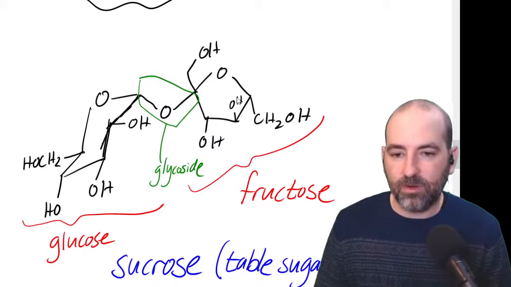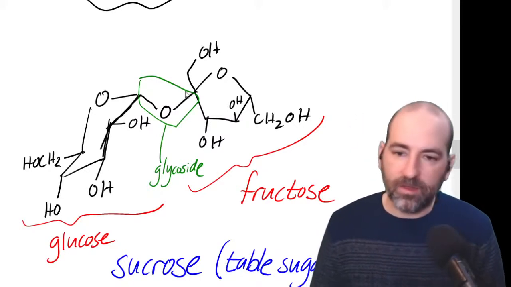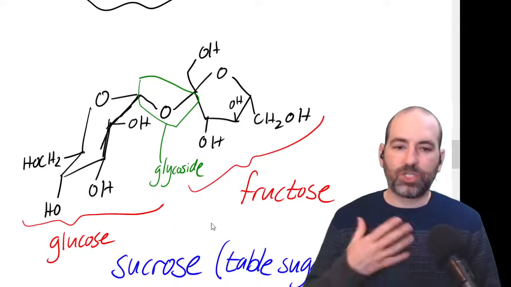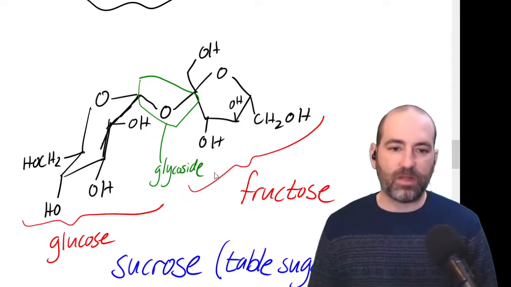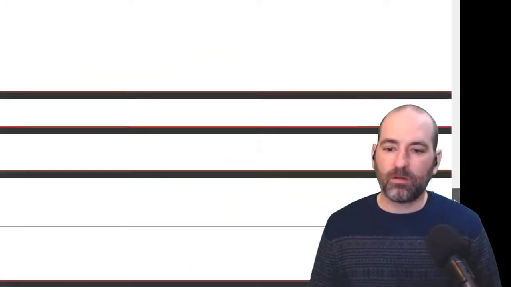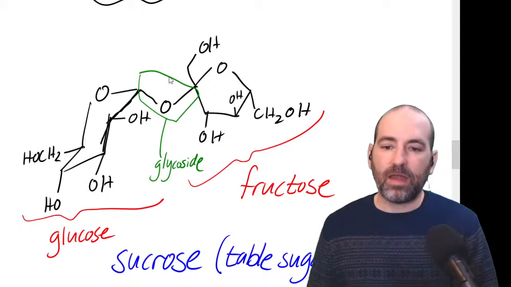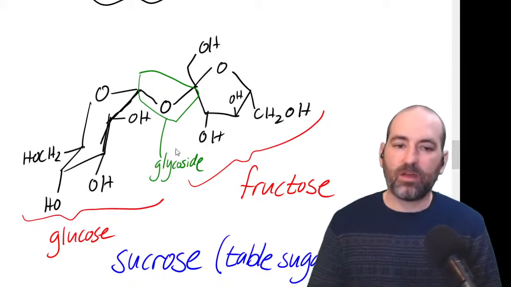So you've got the 5-membered ring here for fructose, and you've got the 6-membered ring of glucose here, and they're connected through that same glycoside bond. So when we talk about just sugar, the white stuff that's in your pantry, that is this right here, sucrose. And as we mentioned before, in the body, this can be broken apart and produce glucose and fructose that can then be broken down further.